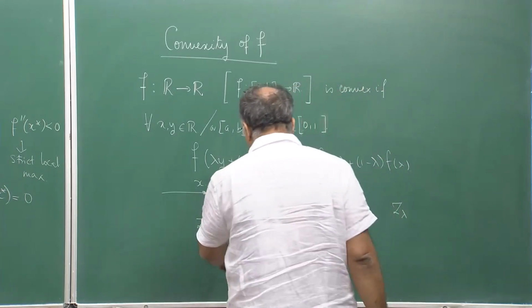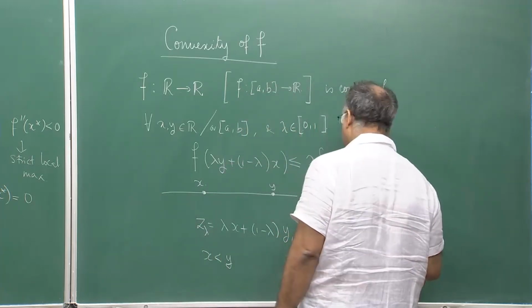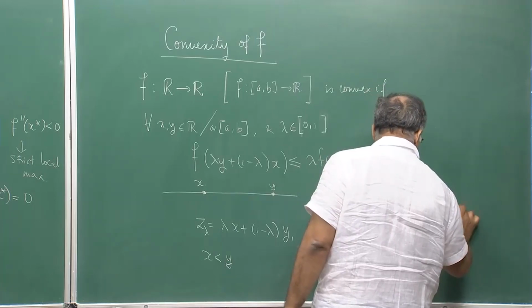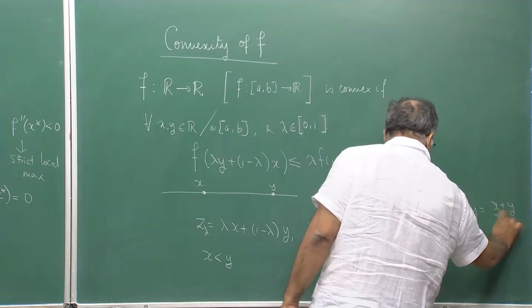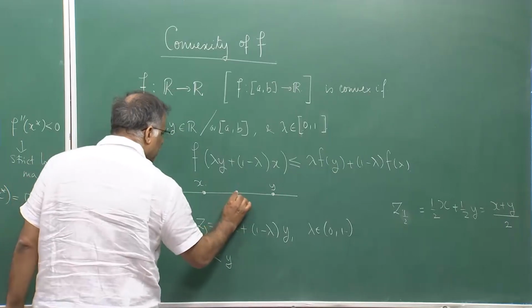Suppose I choose lambda equal to half, then it is nothing but half of x plus half of y, which is (x plus y) by 2, which simply means it is the midpoint.